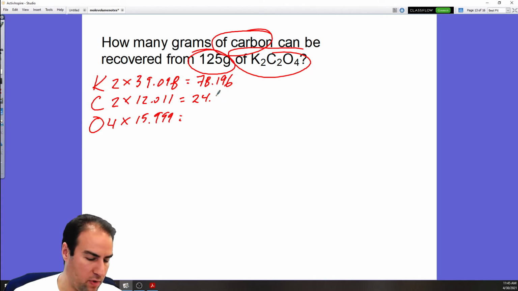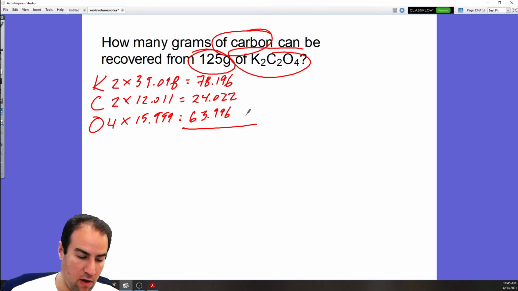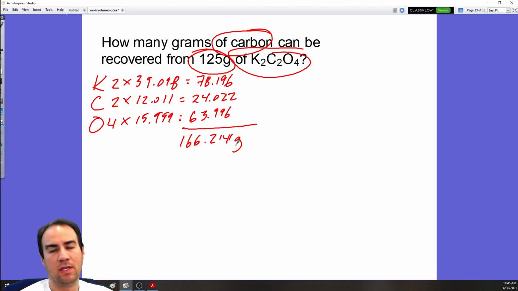Carbon's is 24.022, and oxygen would be 63.996. Add all of those together, and the molar mass of 1 mole of potassium oxalate would be 166.214 grams.